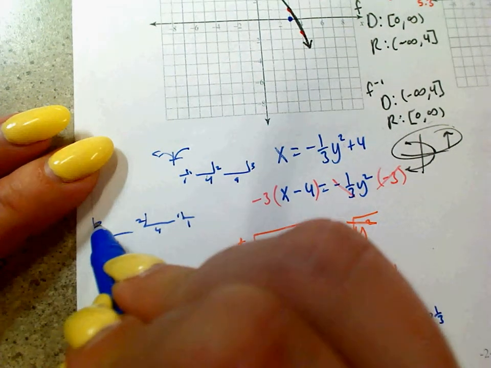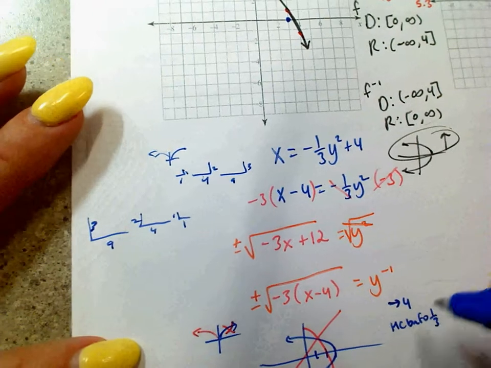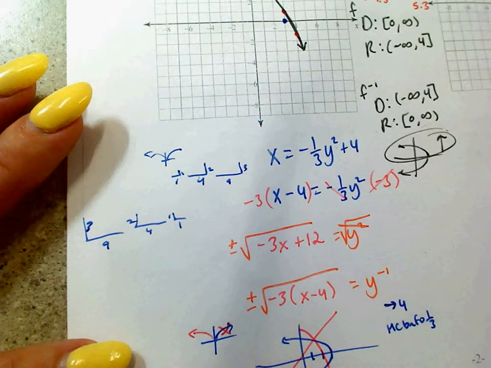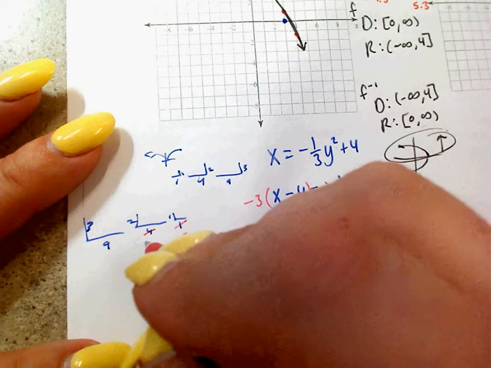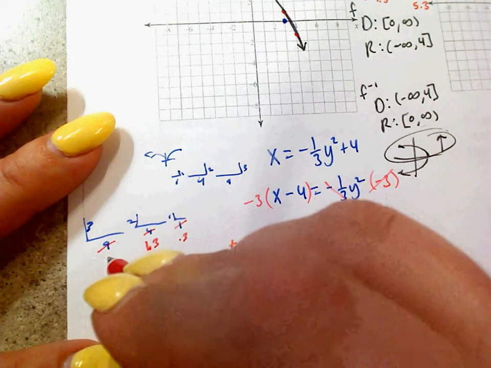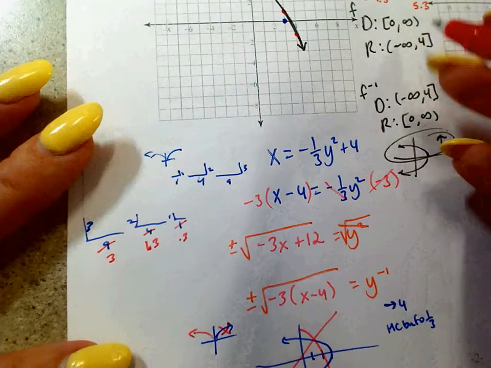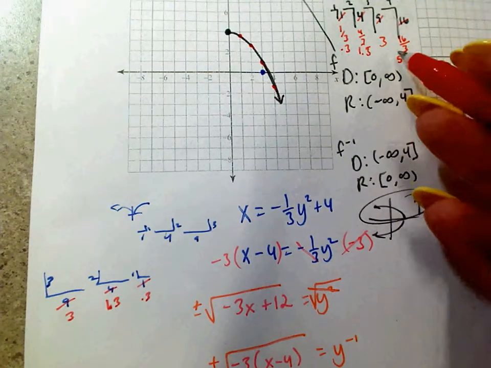But I have a horizontal compression by a factor of 1/3, which means instead of 1, it's over 0.3, instead of 4, it's over 1.3, instead of 9, it's 3, and instead of 16, it's 5. So we're going to use that.